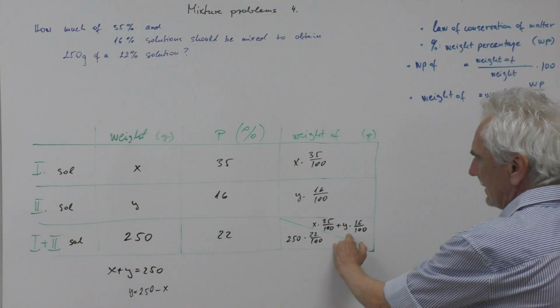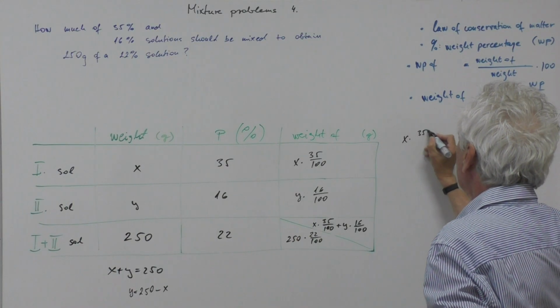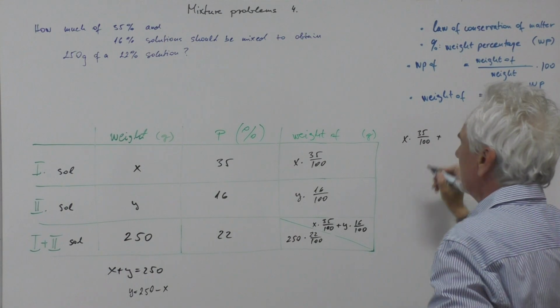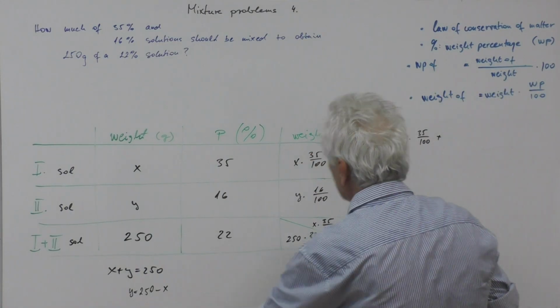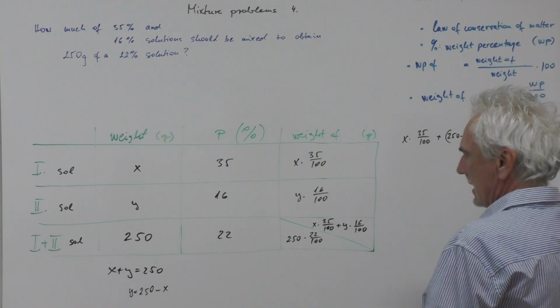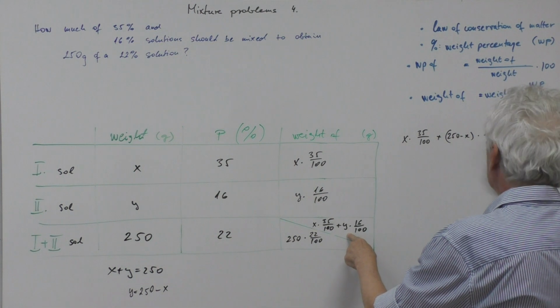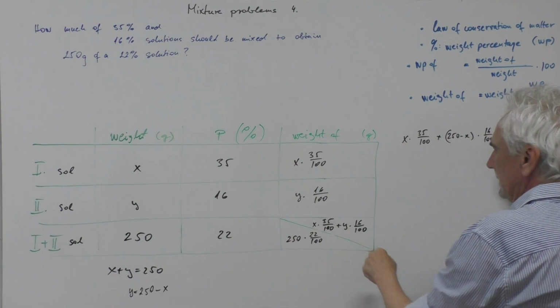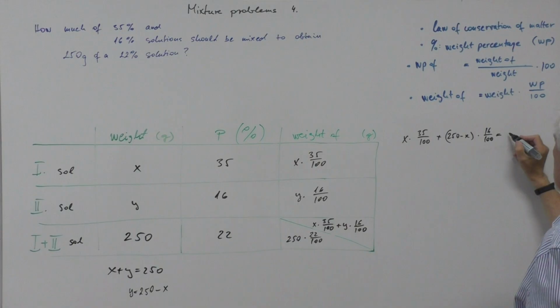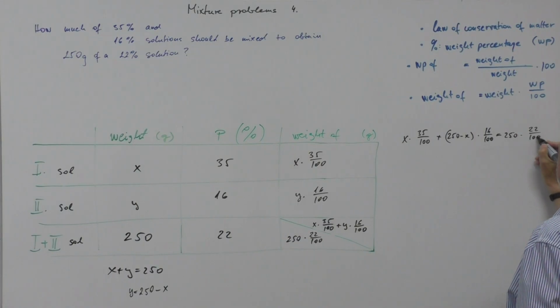This gives us that these two are the same. So x times 35 over 100 plus, for y I'm using 250 minus x, times 16 over 100, is 250 times 22 over 100. So we have to solve this equation for x.